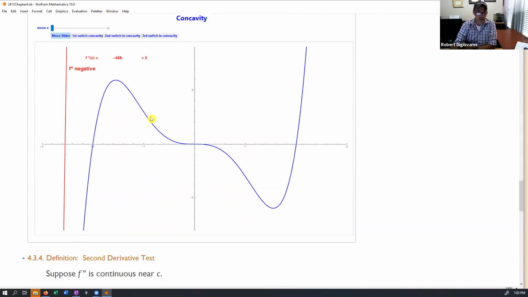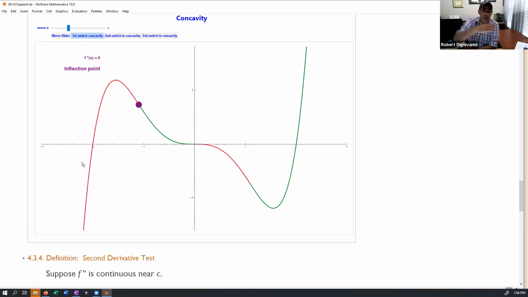So here's a graph of some function, and as you go from left to right, I'm going to highlight this section of the graph here in red. Notice that anywhere on that red section, it's shaped like a frown.